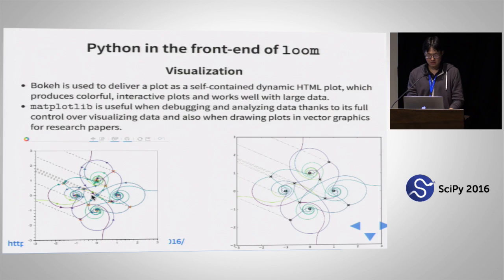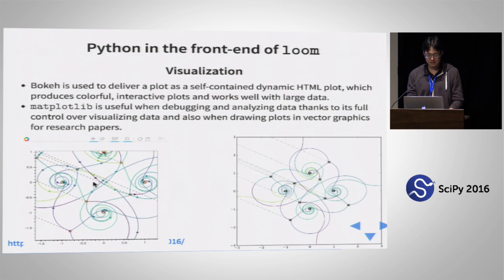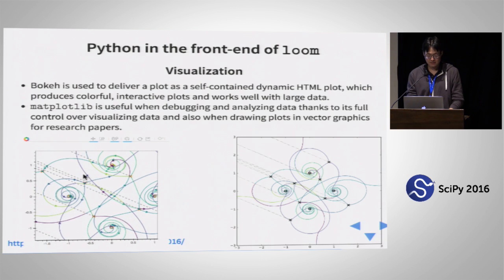It is also very useful in interactively investigating data like this. On the other hand, Matplotlib is very useful when debugging and analyzing data, thanks to its full control over visualizing data, and also when drawing plots in vector graphics for research papers.